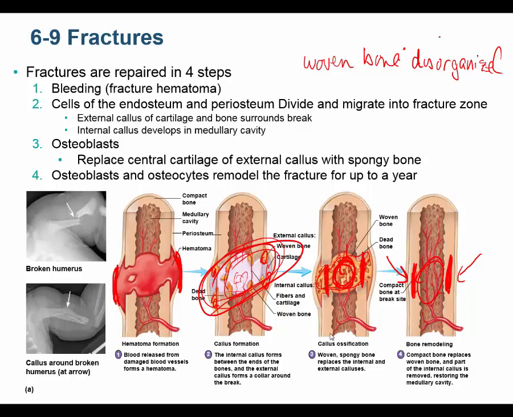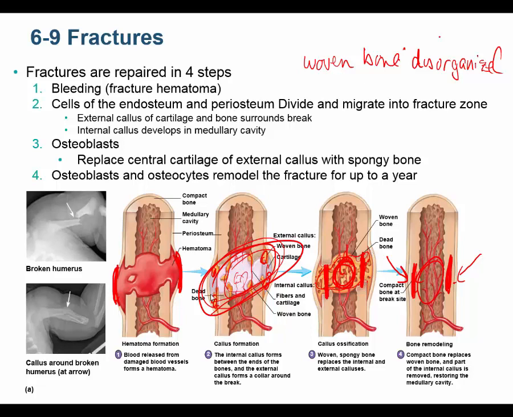And then my ratios just change. More spongy, less woven. Even more spongy and even less woven, until eventually it's all spongy. And then, do I go from all spongy to all compact immediately? No, I start adding compact in here and I have mostly spongy, a little compact. Less spongy, more compact, and so on and so forth.